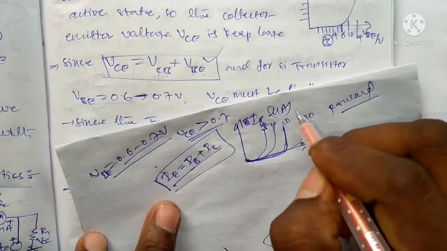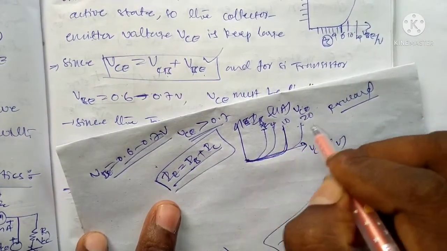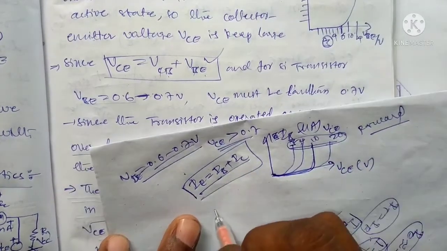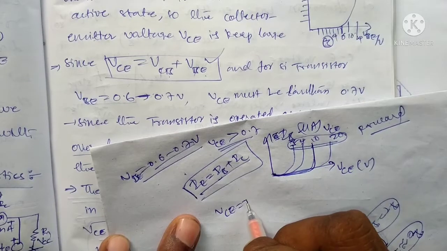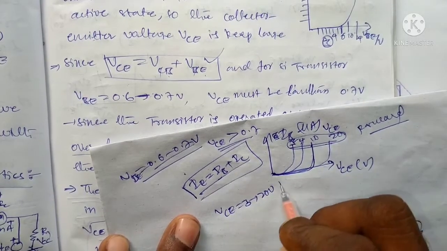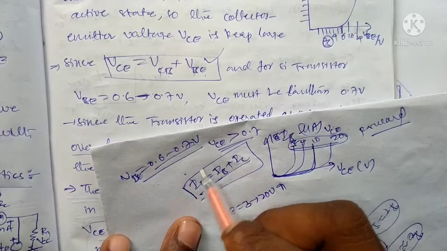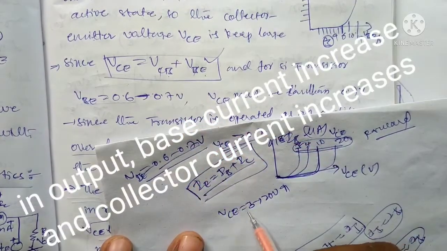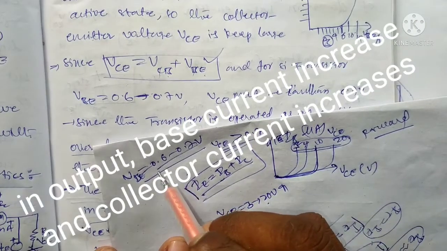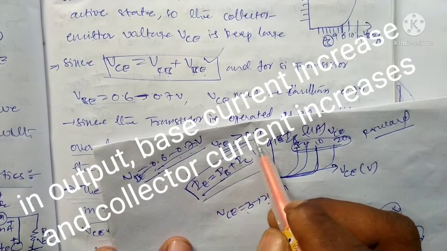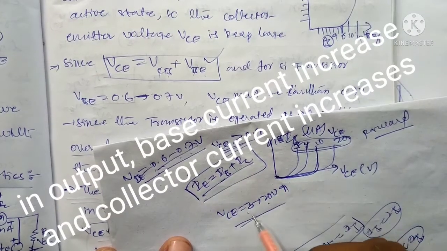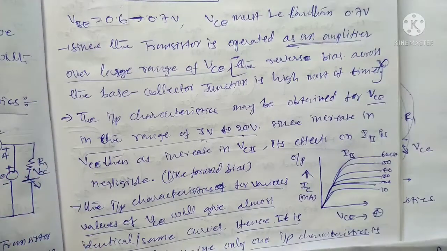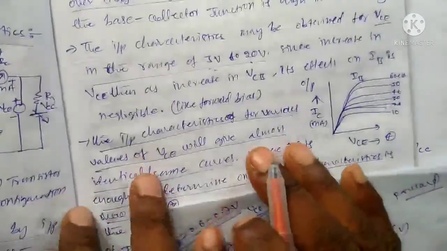So that is for silicon transistors. This completes the input characteristics of the CE configuration.